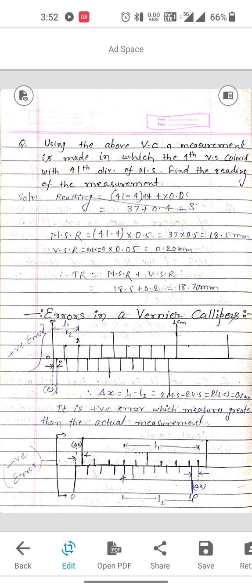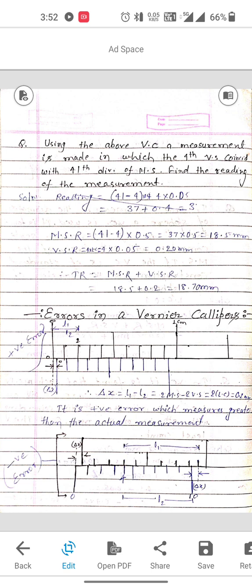Error in the vernier calipers. There will be positive error and negative error, as shown. In positive error, delta x equals L1 minus L2, 2 main scale minus 2 vernier scale, that will be 2 into least count.